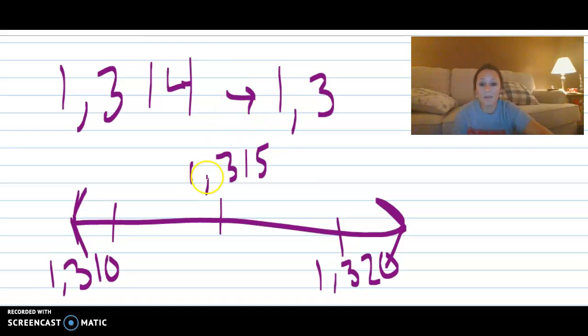We have to decide, is 1,314 less than 1,315 or more than 1,315? I know 14 is one less than 15, so my number is going to be on this side, which means I have to round my number down. That's right. My number is going to round to 1,310.